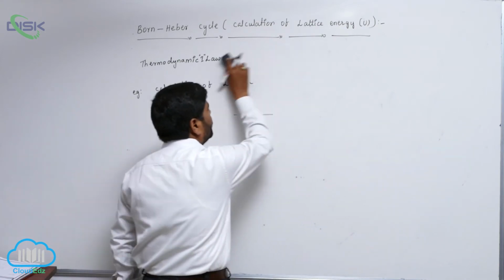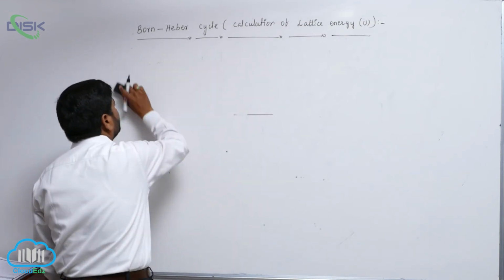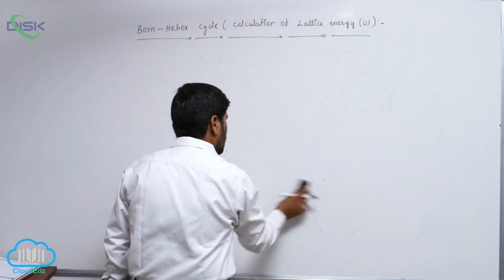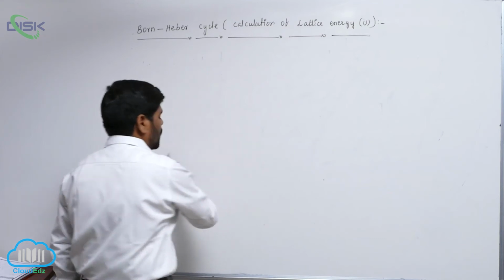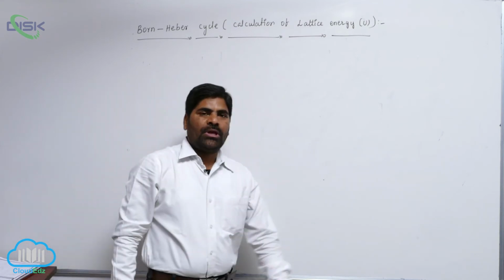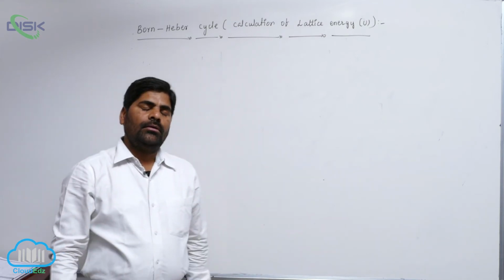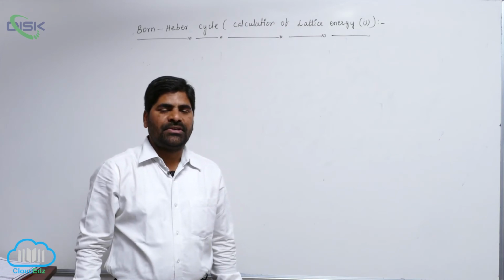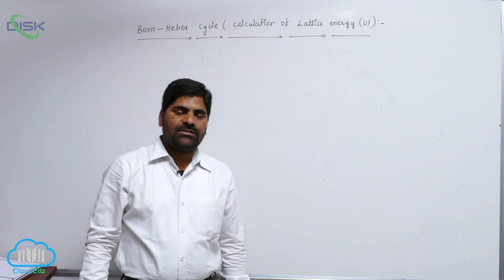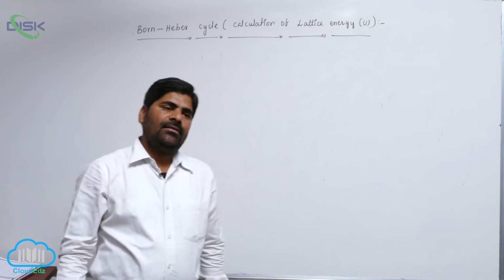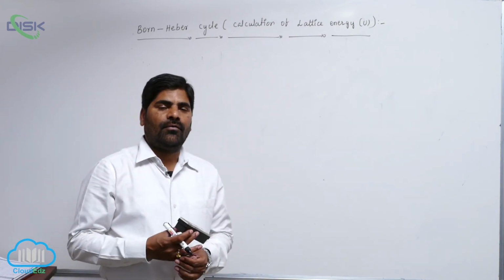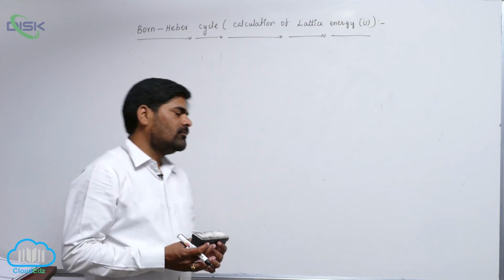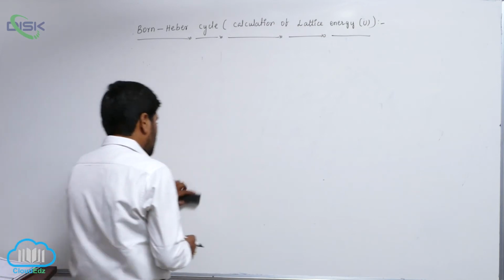The third one is dissociation of Cl2 molecule. First, sodium solid converts into vapor in the sublimation process. This gas liberates one electron and converts into an ion. Then B is over.